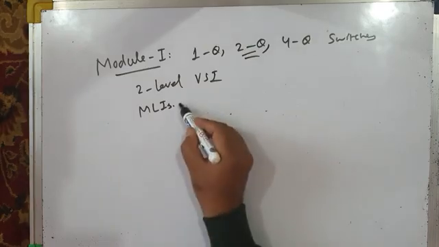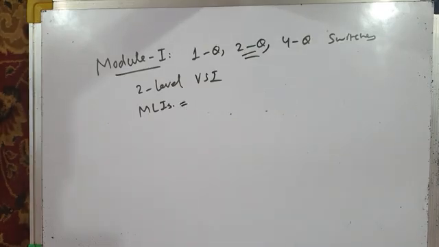Then we discussed multi-level inverters, like first 3-level inverter, then 5-level inverter, and diode clamped voltage source inverter. And I told you how, for example, a 3-level inverter can be implemented by using single pole triple throw switches, and 5-level inverter can be realized by using single pole 5-throw switches. 7-level diode clamped inverter can be realized by using single pole 7-throw switches.